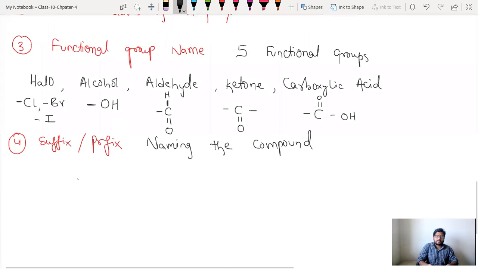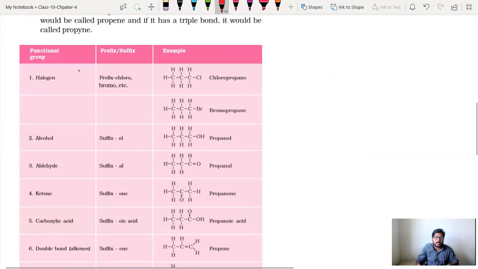And prefix, suffix names. Now, let us take one example. So remember, halo will be a prefix. Only halo is a prefix. What is prefix? Prefix means front.